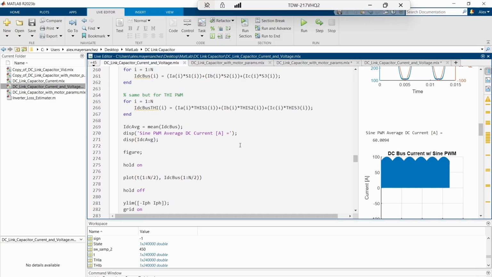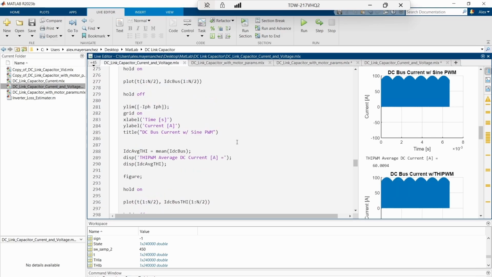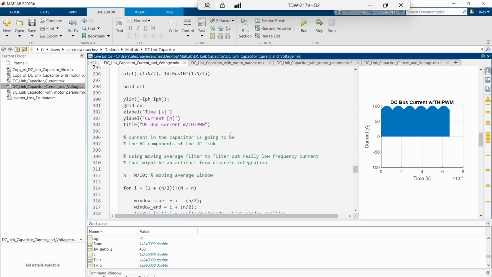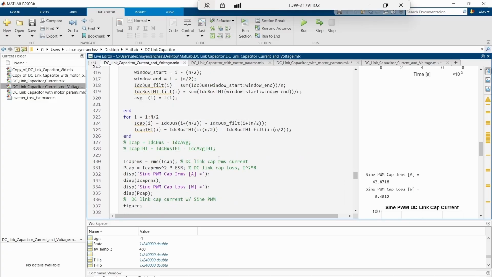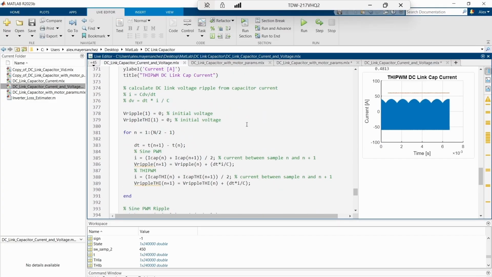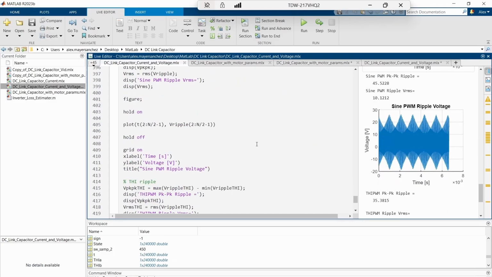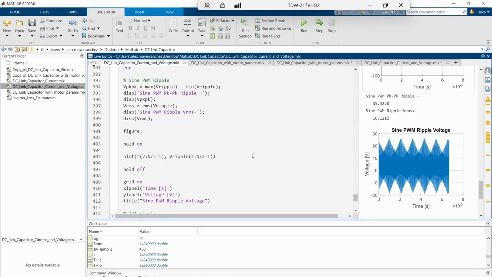And then from that, we can determine the current in from the DC bus, and then the current in the capacitor. And then from the current in the capacitor, I is equal to C dV/dt. We can determine what the voltage across that capacitor is, and the voltage across that capacitor is the ripple across the DC link.